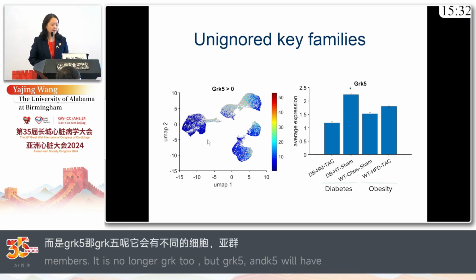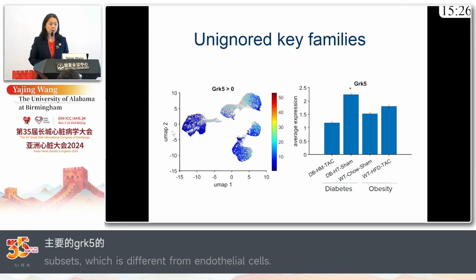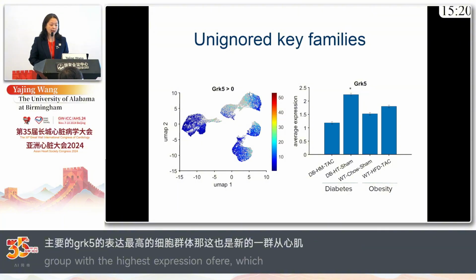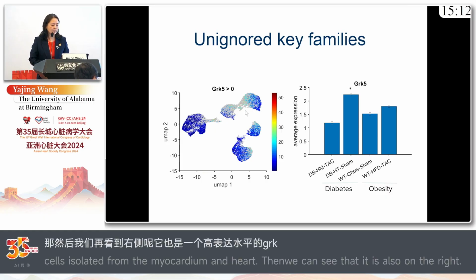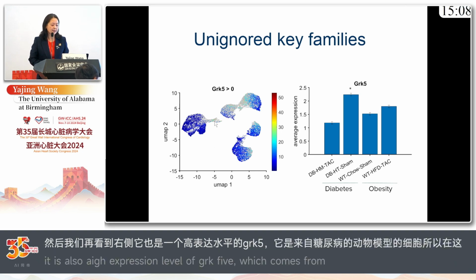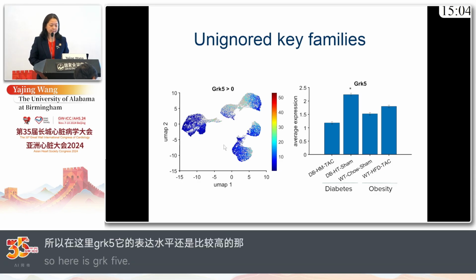We can see this part is where GRK5 is expressed at the highest level, and this is a newly grown endothelial cell population from the heart, while others still express some GRK2 at high levels. In the diabetic animal models, when we isolate the endothelial cells, GRK5 expression is still high, but not like this newly grown endothelial cell population.